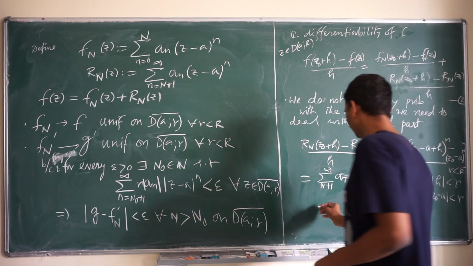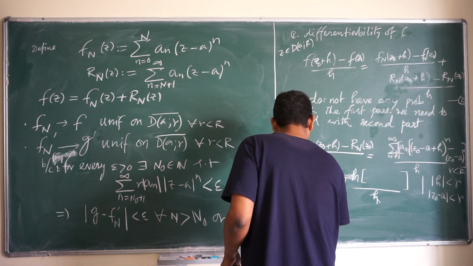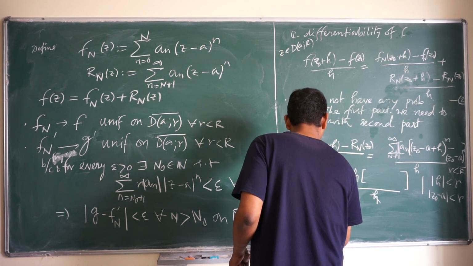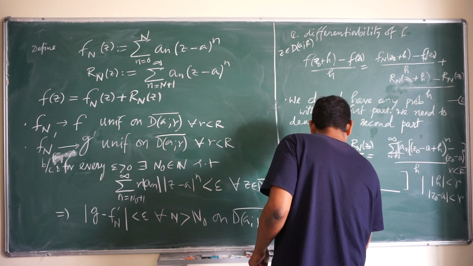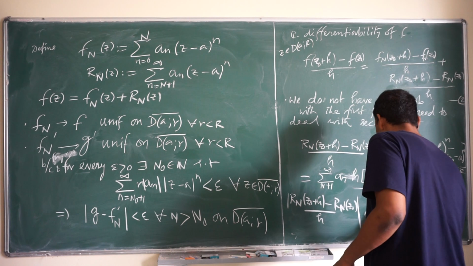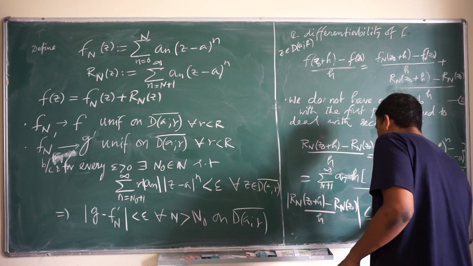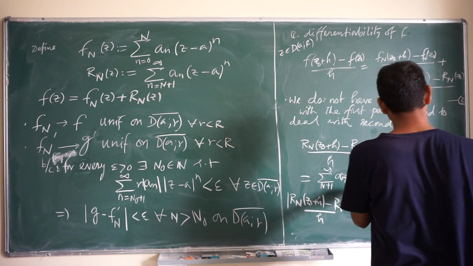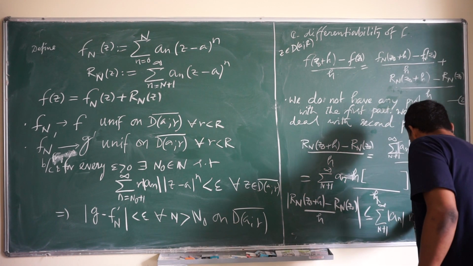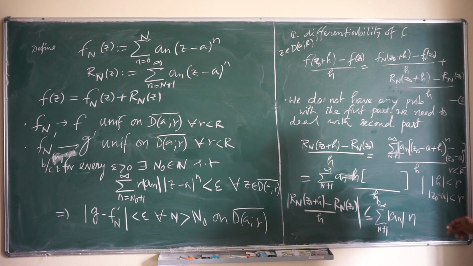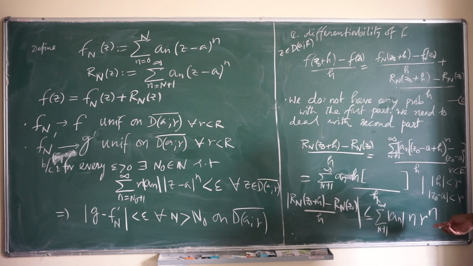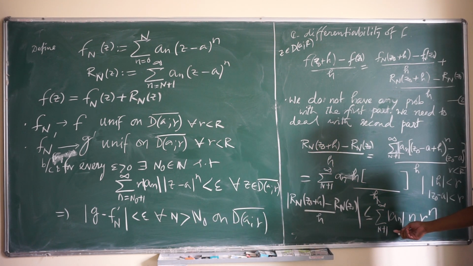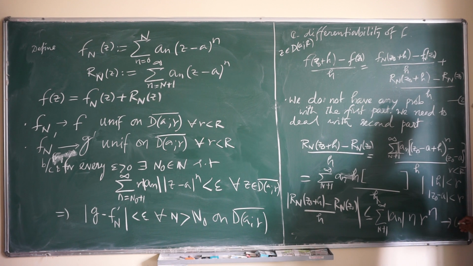So we look at (Rn(z0 plus h) minus Rn(z0)) by h. We take modulus, which is less or equal to the summation n plus 1 to infinity of mod an, h gets cancelled, and there you have n terms, each of the terms less or equal to r to the power n. Now this series converges, and this is a tail of a convergent series, right? So this goes to 0.